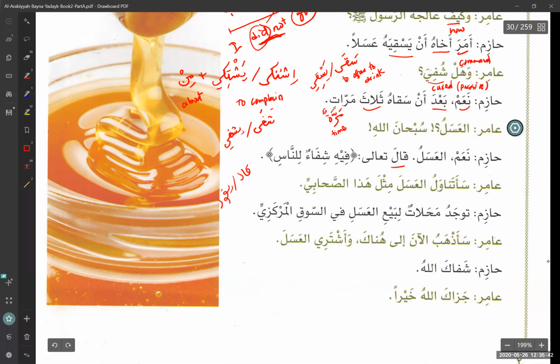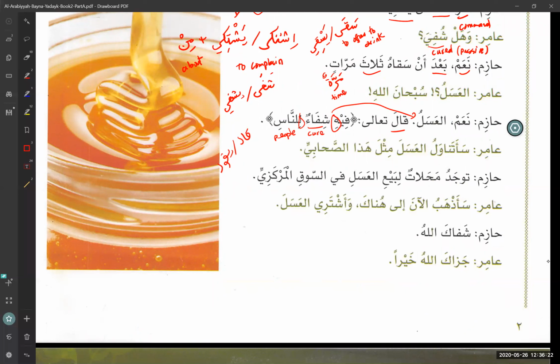Who said? تعالى, the Most High. فيه, he is referring to al-asal. فيه شفاء للناس. Shifa, as we said, is cure. Li is for, and nas is people. So in it is cure for the people. In it means in the honey. In it, there is cure for the people.